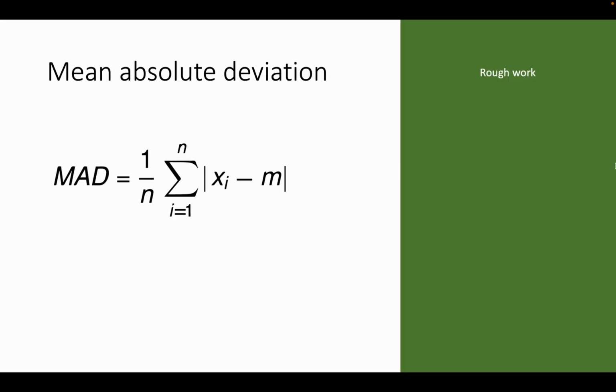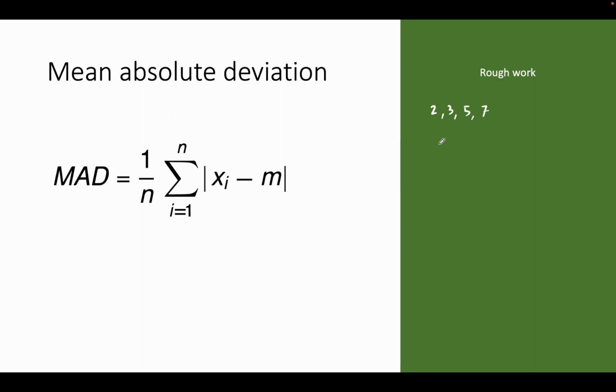So now let us look at mean absolute deviation. This is the formula for finding it: mean absolute deviation is equal to 1/n times the summation from i equals 1 to n of the modulus of xi minus the mean. Let us now look at an example. Suppose we have the numbers 2, 3, 5, 7.